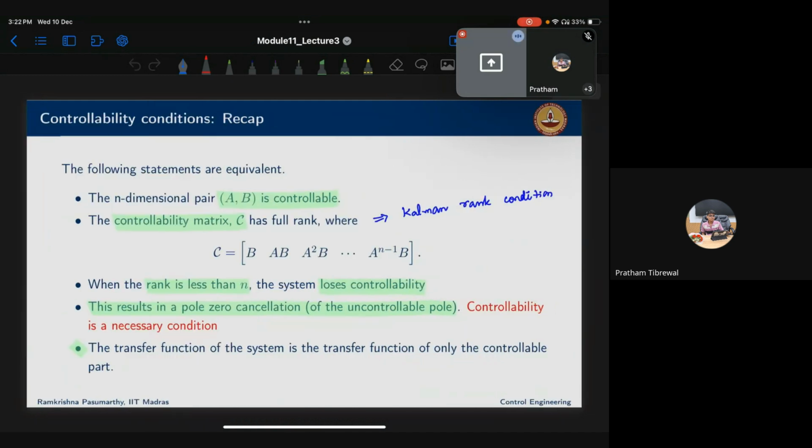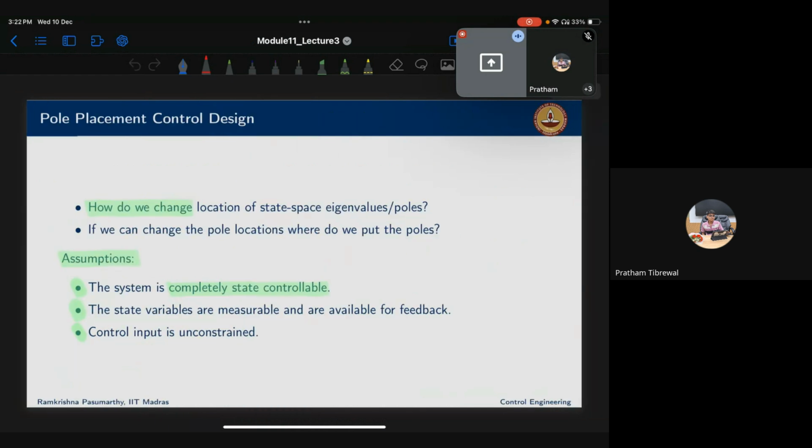Just now we saw that if the pair A, B is controllable, the matrix C is full rank. These are the notions of controllability, which is also called the Kalman rank condition. It means that if the rank is full, we say the system is fully controllable. Only when the system is fully controllable can we go for designing the pole placement control.